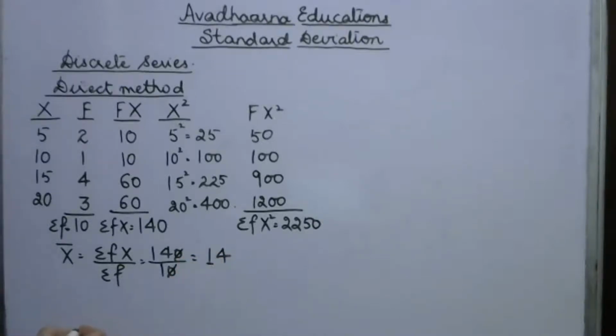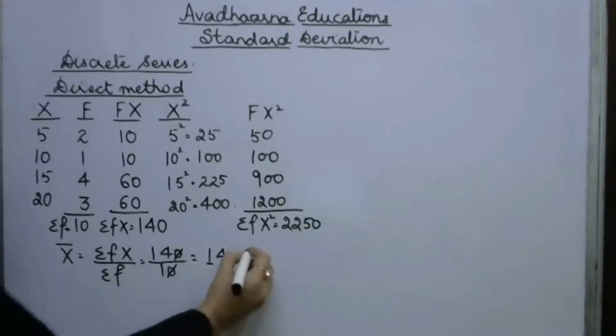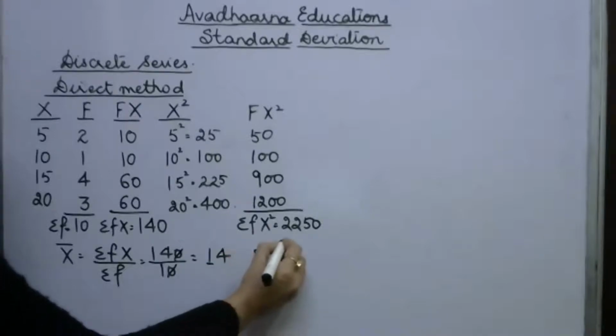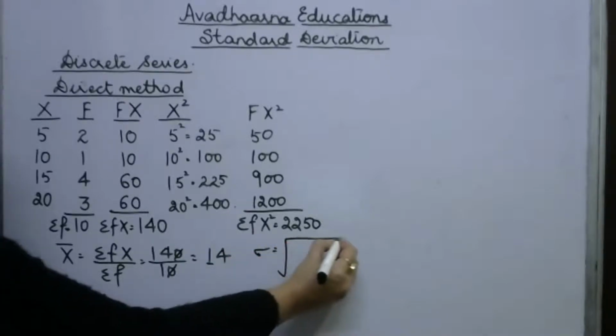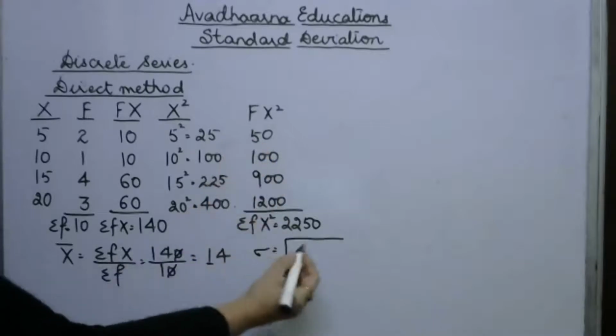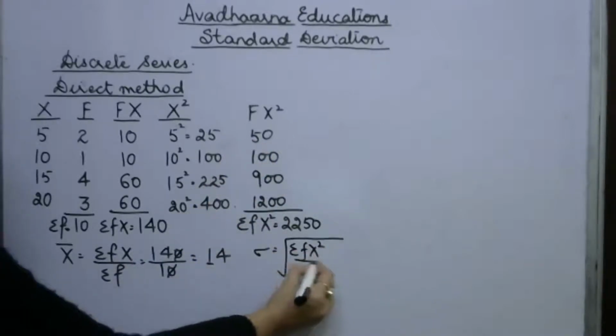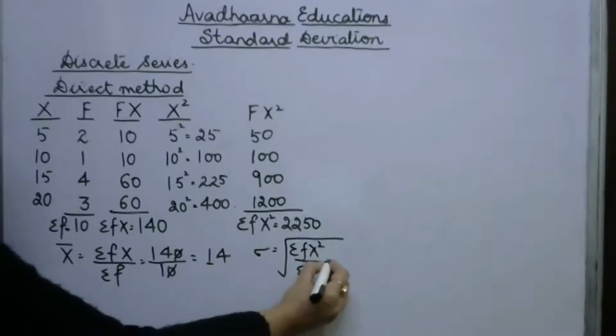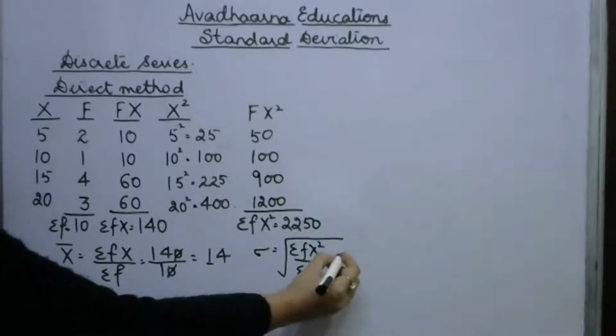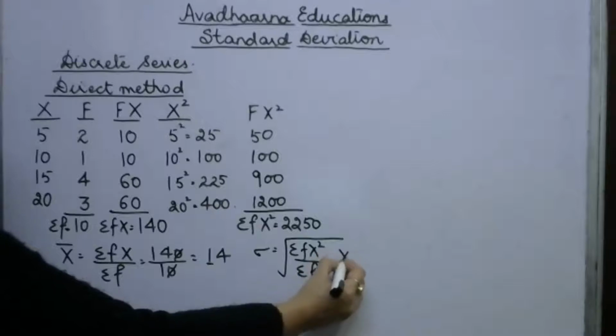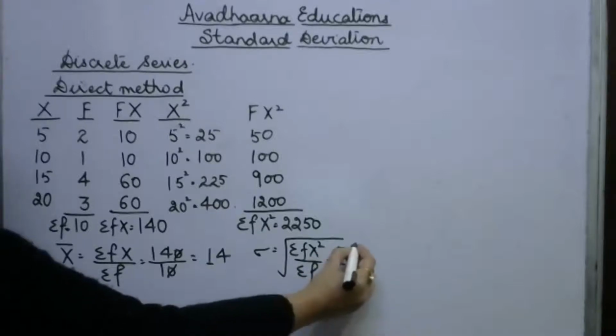And standard deviation of the series is given by under root of summation fx square over summation f minus actual mean whole square.